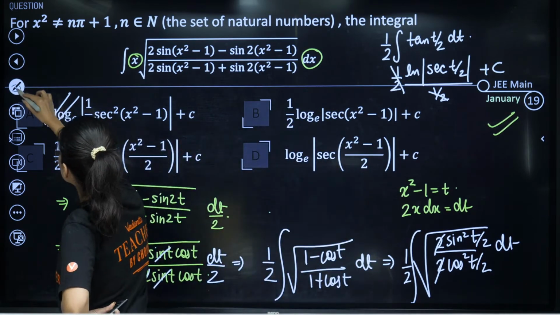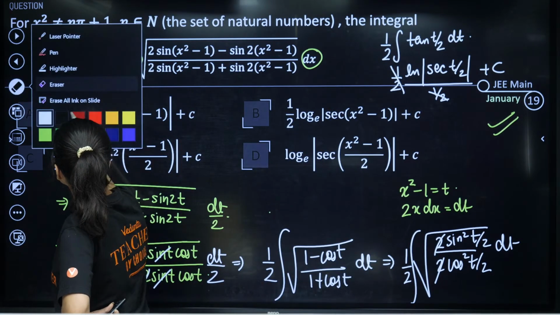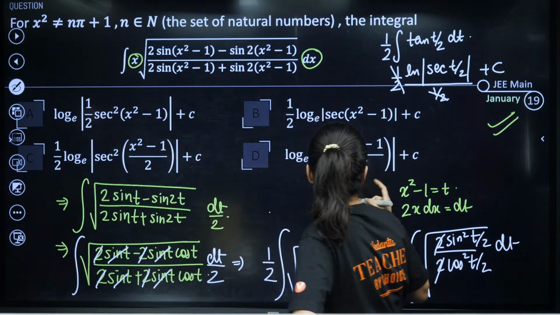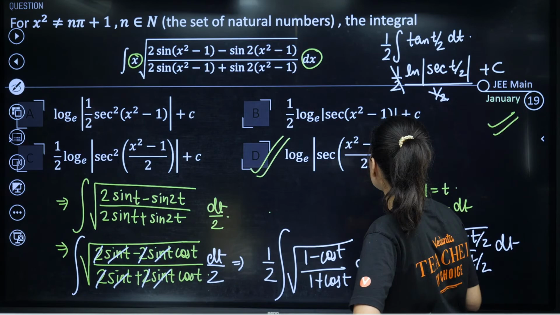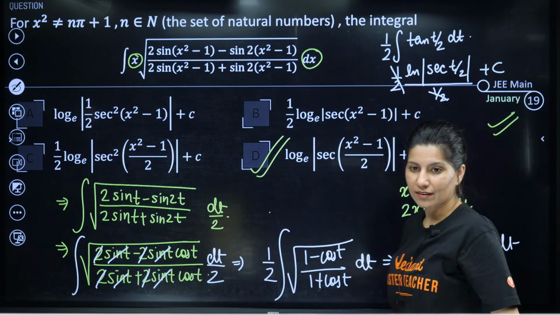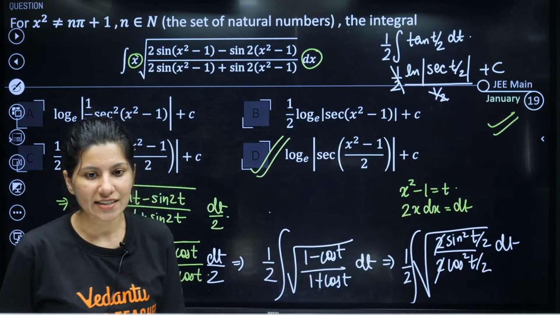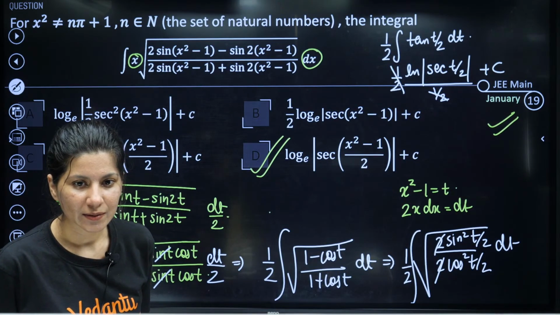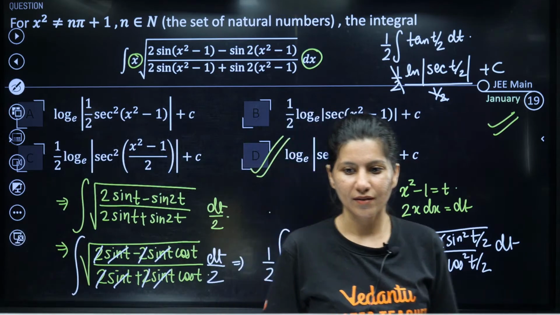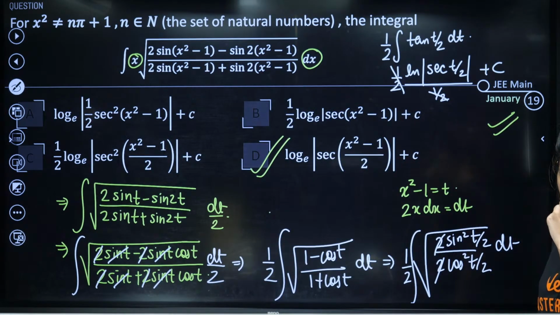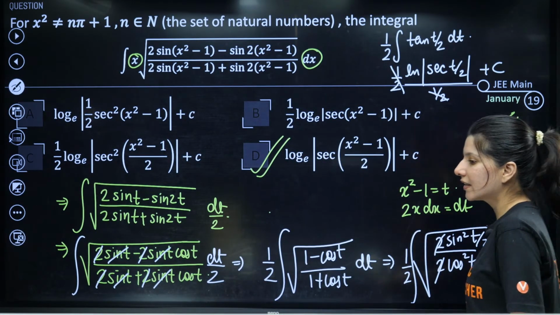The square is already there. So actually, option D is correct, right? D is correct. Can you see D is correct? Yes. So D is the correct one.